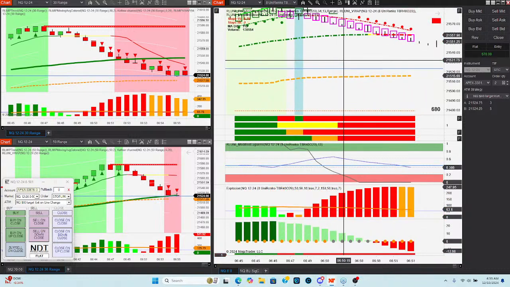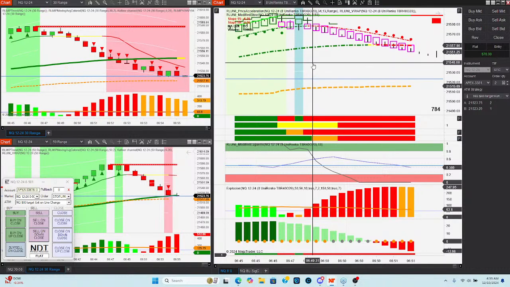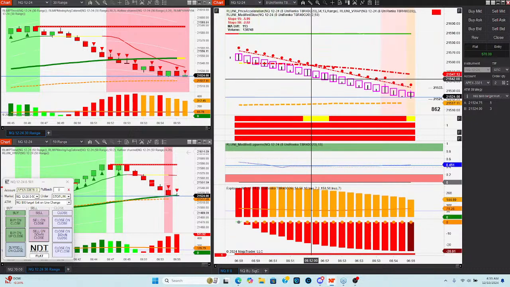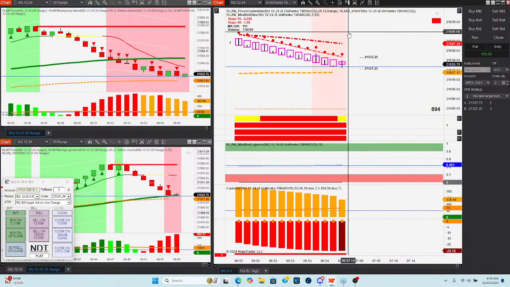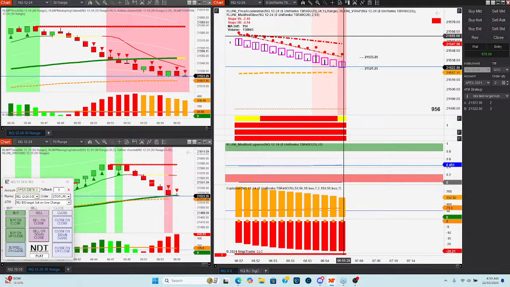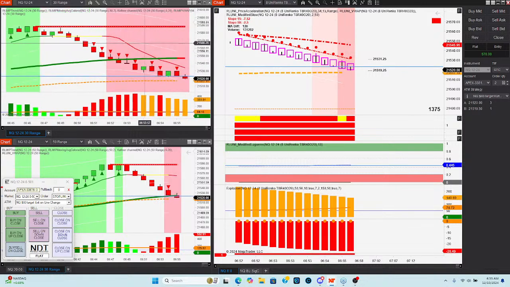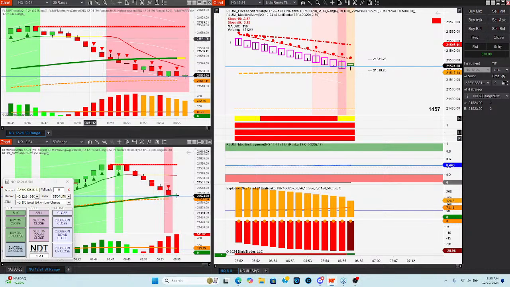So this ended up being one of those pullbacks that didn't work out here, but here, if you got in, that's a $1,000 plus trade. Was there a place that we could have gotten in? Yeah, maybe right here. But it was flat. Typically you don't want to trade in a flat trend line, but this time it worked real well.